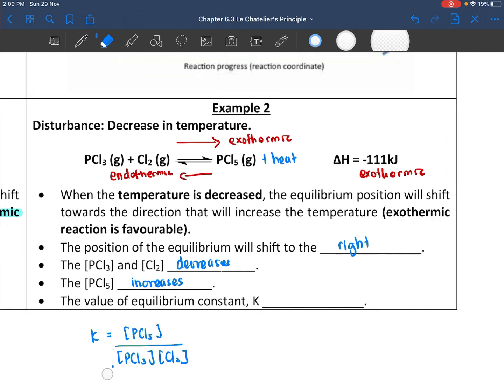Okay, so kita refer balik kepada equation ni. So kalau sekarang kita punya PCl3 dan Cl2 kita berkurang, okay, and our PCl5 yang meningkat, so number yang besar bahagi number yang kecil, so kita akan dapat number yang besar. Okay, so in this case the value of equilibrium constant K increase. Okay, so settle untuk example 2.